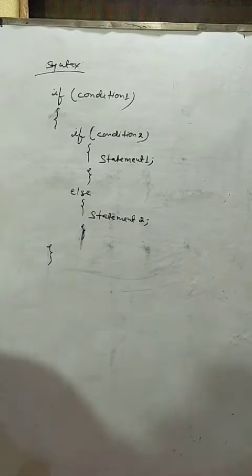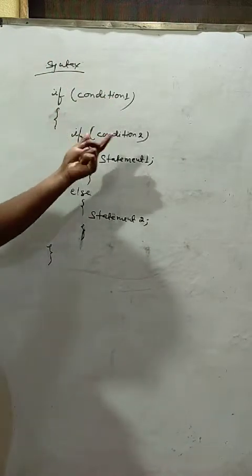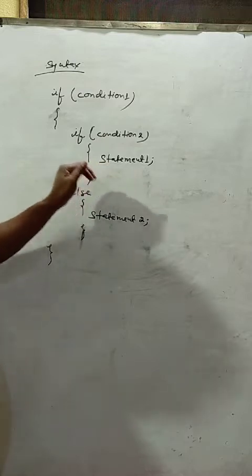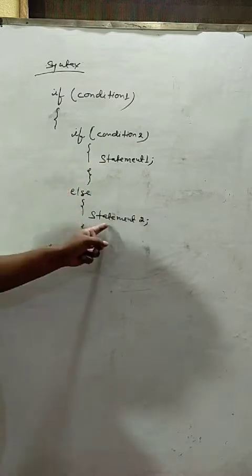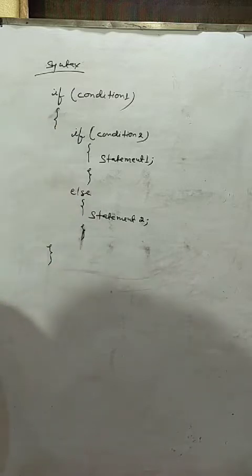See: if condition 1 opening bracket, again if condition 2 opening bracket, statement 1 closing bracket, else opening bracket, statement 2, again closing bracket, again closing bracket of outer if.